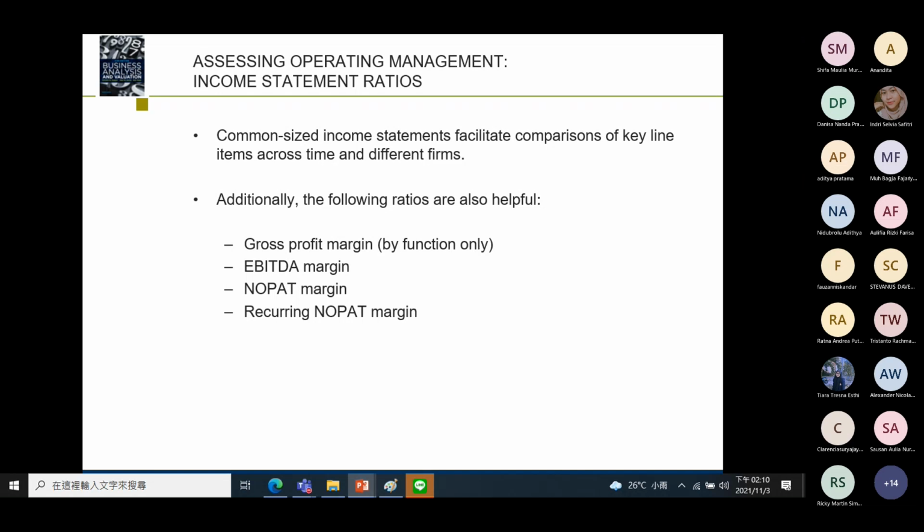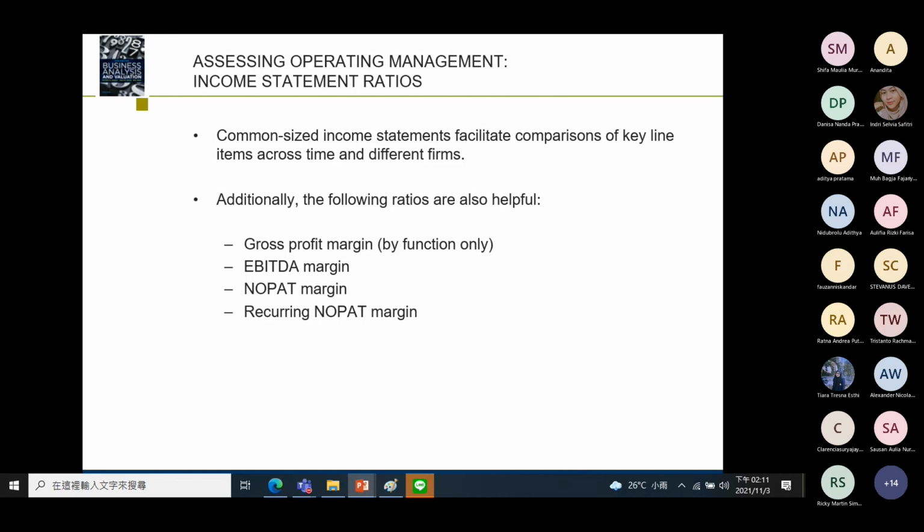A popular tool used in this analysis is the common size income statement, in which all the line items are expressed as the ratio of revenue. This type of analysis is also referred to as vertical analysis.